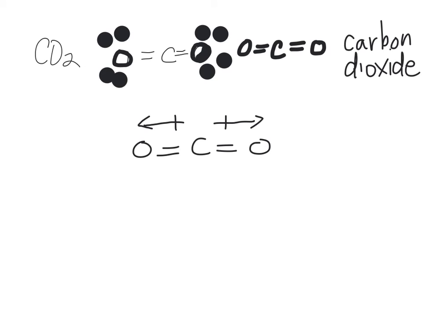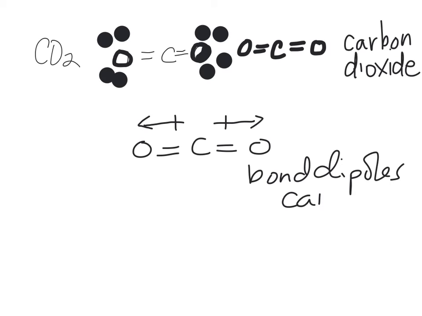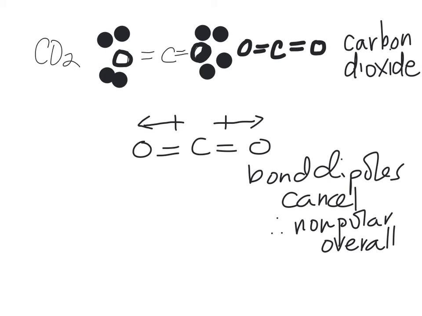Because they cancel. Okay, so you went 1 in this direction, and then you went 1 back, so you're back where you started. So your bond dipoles cancel out, so it's a non-polar molecule, but it has polar covalent bonds.